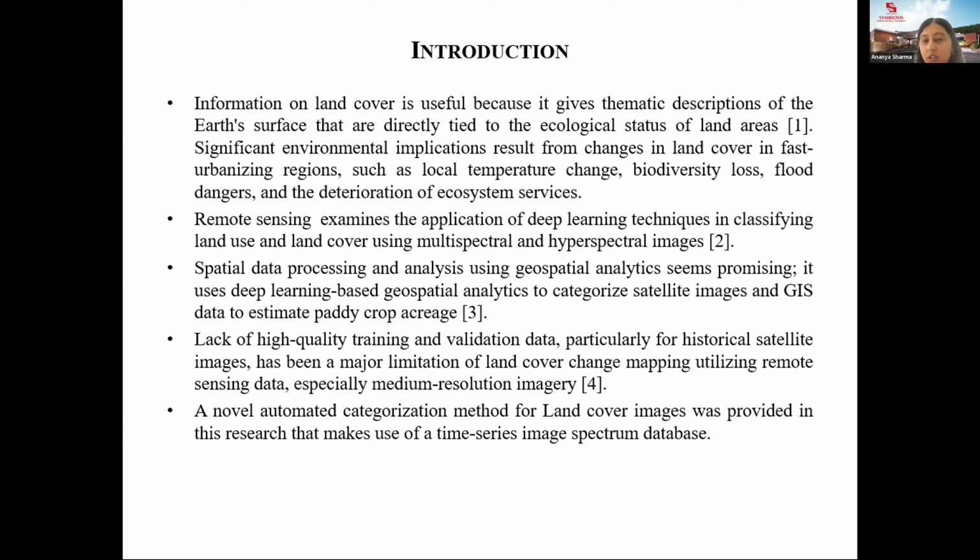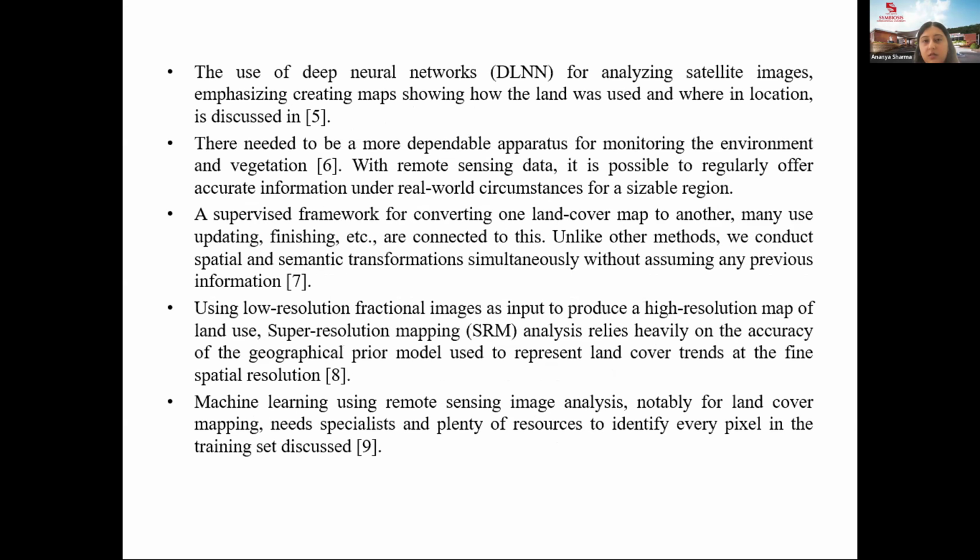But the lack of high quality training and validation data, particularly for historical satellite images, has been a major limitation for land cover change mapping utilizing remote sensing data, especially medium resolution imagery. So a novel automated categorization method for land cover images was provided in this research that makes use of a time series image spectrum database.